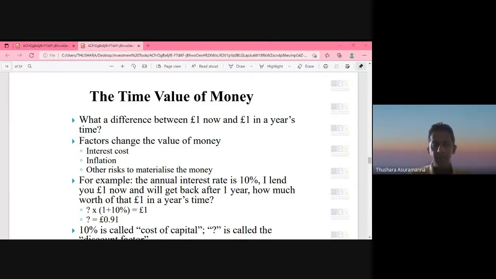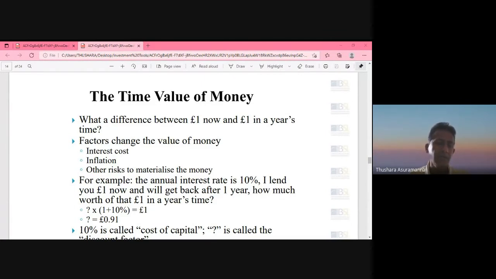So how are we going to compute that? There is a ratio, a computation called the annual interest rate is 10%. I lend you 1 rupee now and we get it back after 1 year. How much is that worth in the future? That's the question. It's a future value, right? The future value into 1 plus 10% is equal to 1.